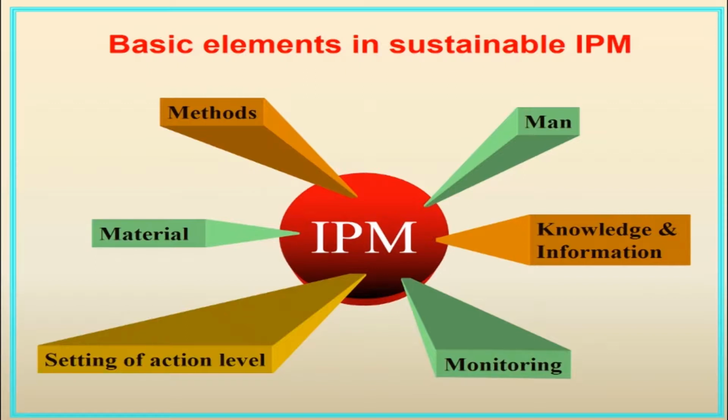He has to know about monitoring with the help of different devices, with which he can work out the levels of tolerance and set the action level, as in what action I have to take for the given number of insects present in the field today. So, with appropriate materials and methods, he can successfully suppress the population below that causing economic injury, and he can save the crop.